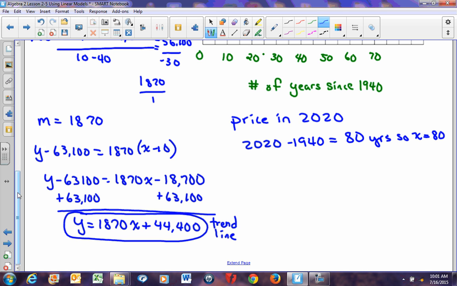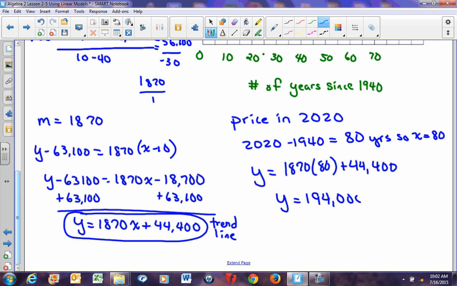So y will equal 1,870 times 80 plus 44,400. So plug this into your calculator. Take 1870, multiply it by 80, and then add 44,400. You're going to end up with y will equal $194,000 for the median home price. Remember, not the highest home price, but the median home price.